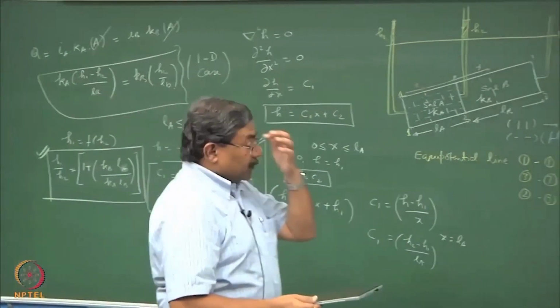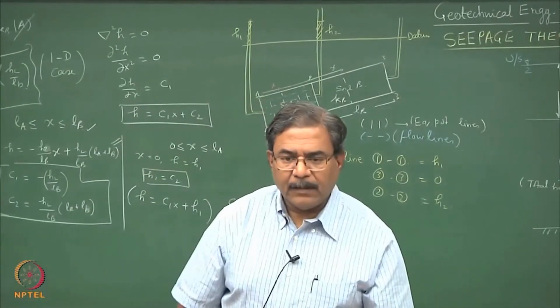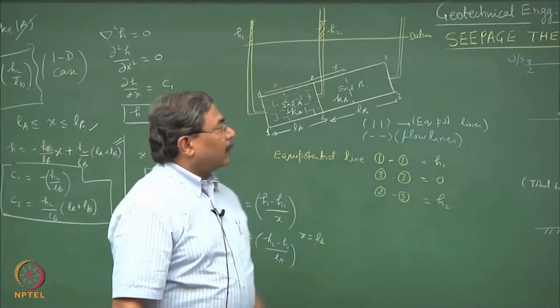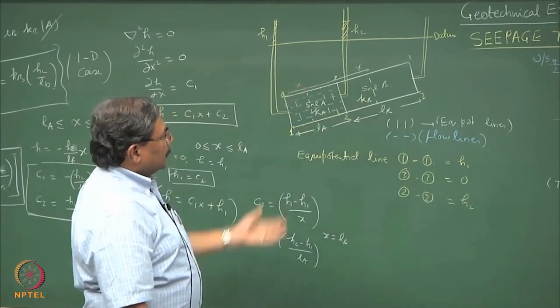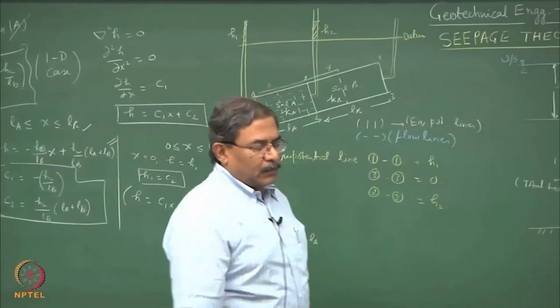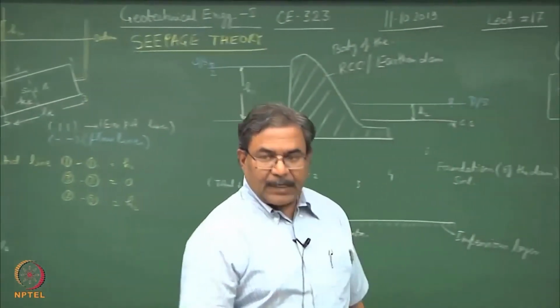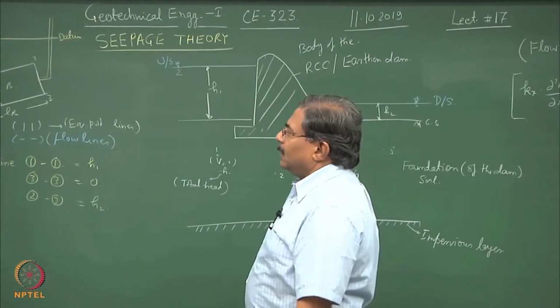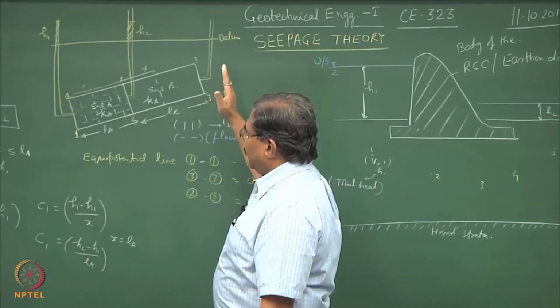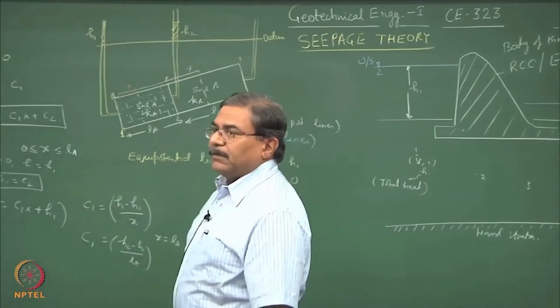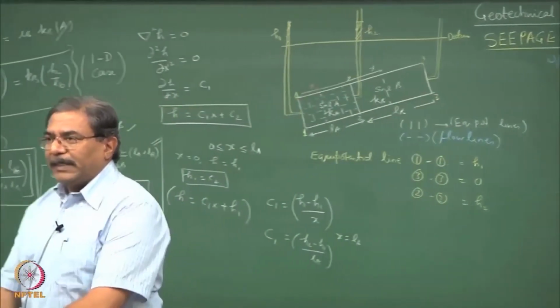So, this is the application of the Laplace equation for analyzing one dimensional flow. These types of problems we have done earlier also. I just wanted to cite an example of how to use the generalized seepage theory to obtain solutions to problems which are going to be more complicated.